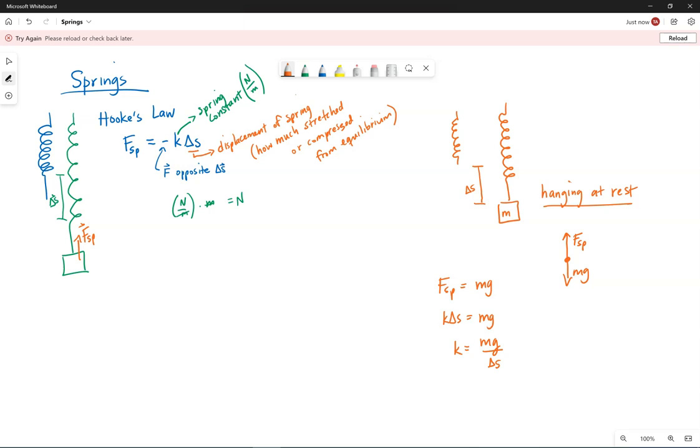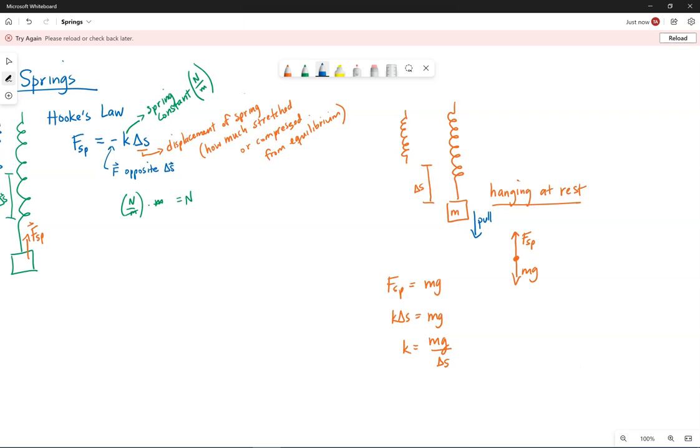Now, from this resting position, if I were to grab this mass and pull downwards and then let go, so if I pull down farther and let go, same spring, I know the spring is going to pull that mass upwards.